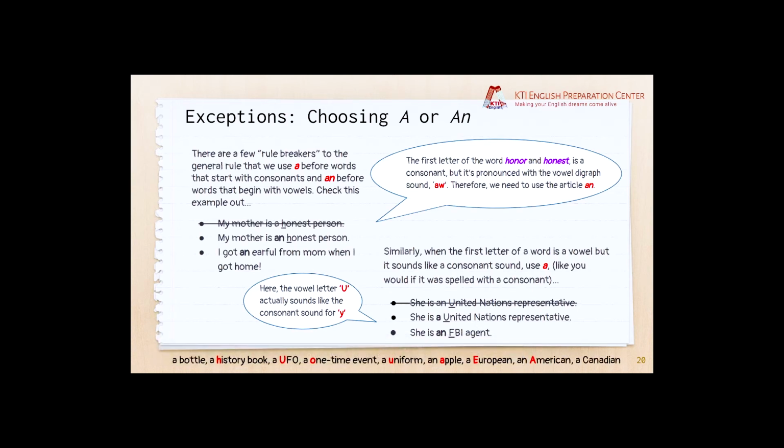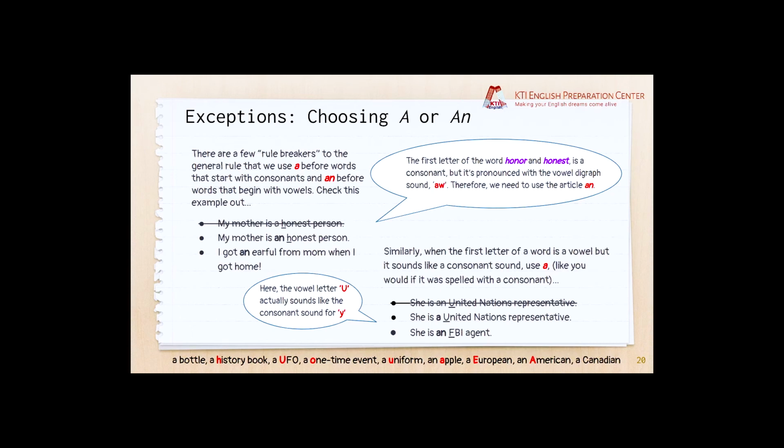Here are our examples from a couple slides ago. A bottle, so a consonant. B is a consonant and it's a consonant sound. A history book. Here the H is saying the consonant sound, so it is definitely a history book. A UFO, same as United Nations.